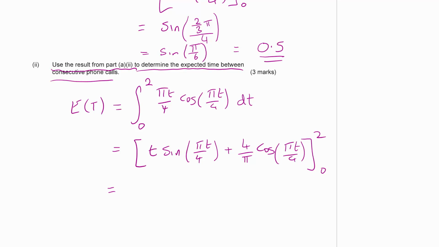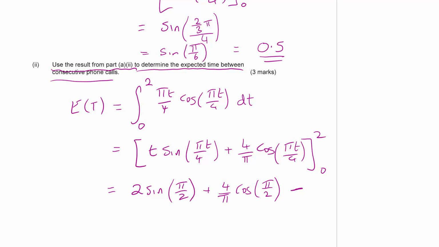So if we use the 2 in here, we have 2 sine pi by 2. Then we have 4 over pi cos pi by 2.